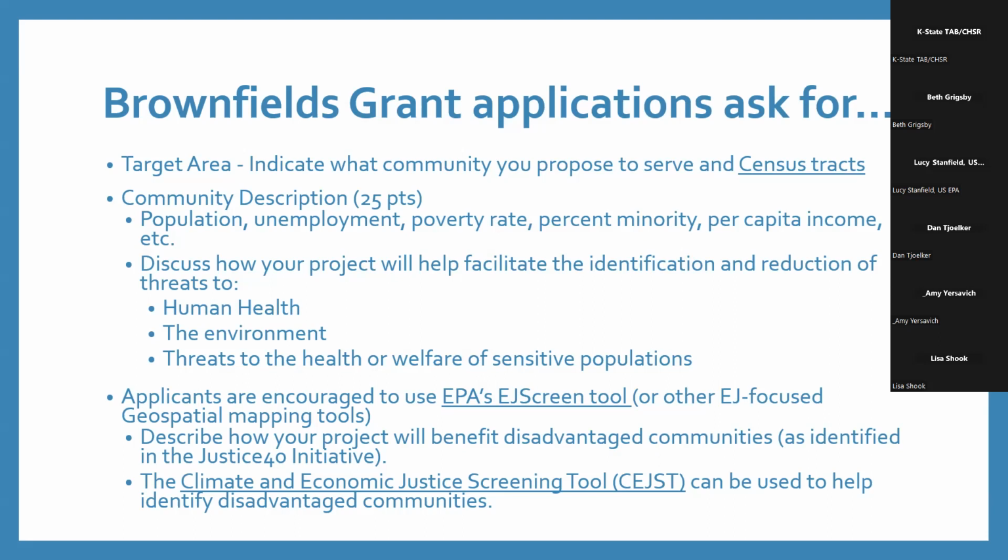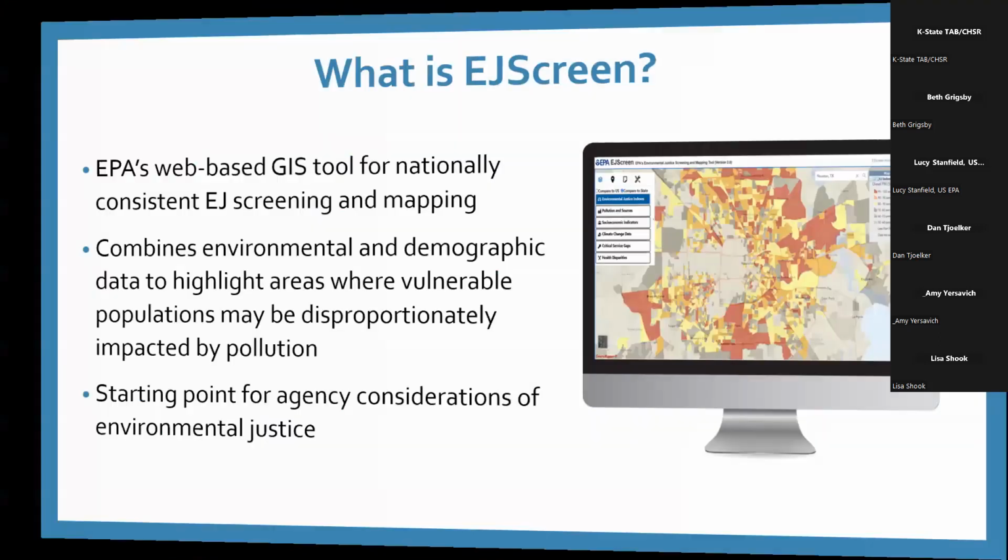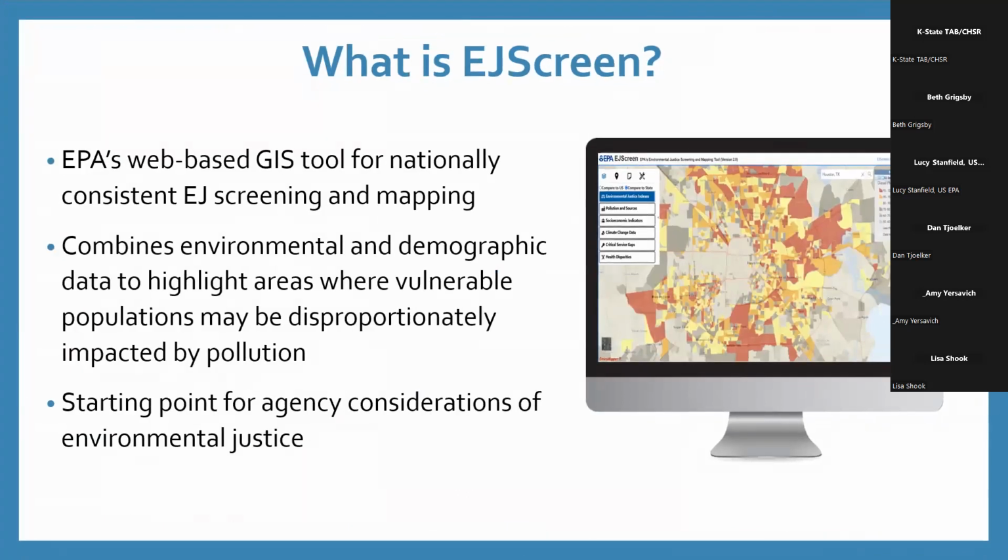As I mentioned, I'm going to cover both of those tools. But let's focus on EJScreen first. This is EPA's web-based GIS tool for nationally consistent EJ screening and mapping. And again, this is a screening level tool. This doesn't put a stamp on your community, that you are an EJ community, that you are now identified as such in all federal and state government applications and grant programs.